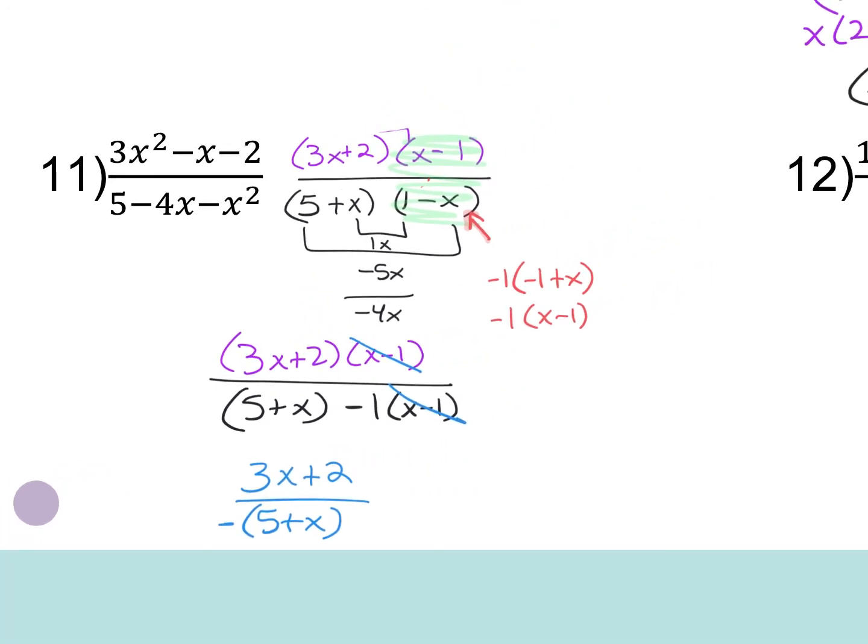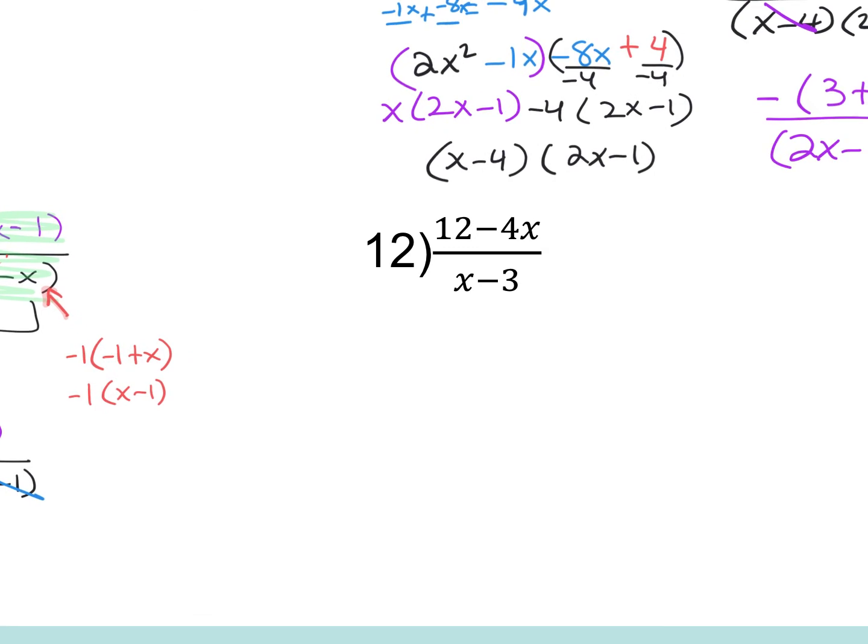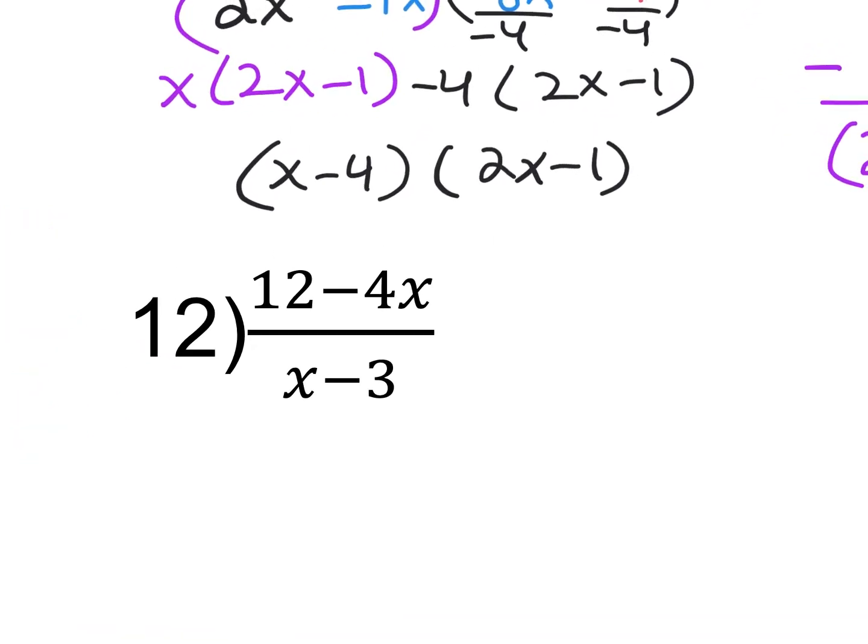Let me go ahead and do number 12. Number 12, the only thing I can do is factor out a GCF of the numerator. So I'm going to factor out a positive 4, 3 minus x over x minus 3. Again, notice the numerator and the denominator.